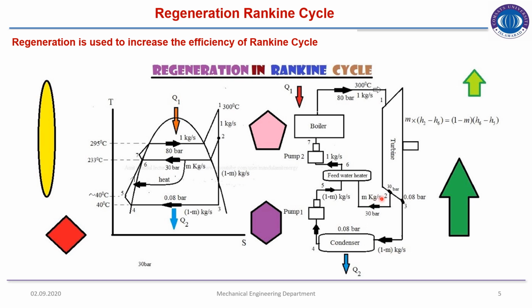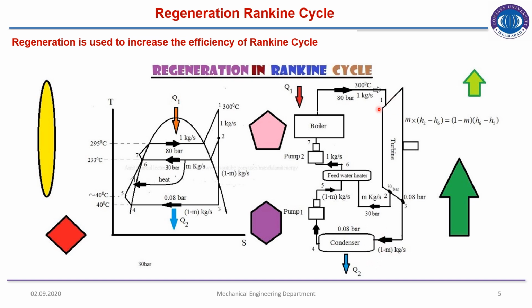Then m kg of steam is bled out through that small hole and fed into the feed water heater, and the rest, 1 minus m, exits through the proper channel and enters the condenser.